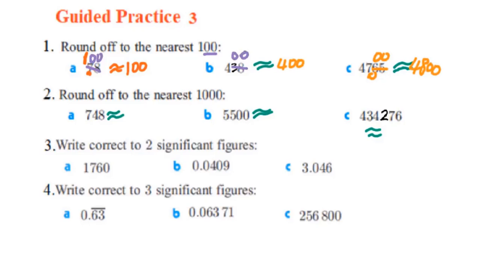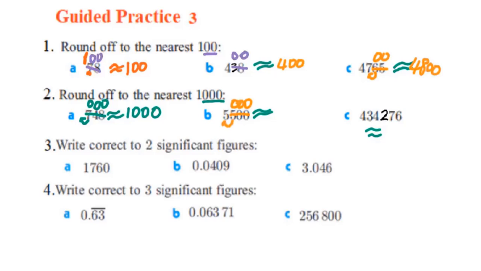For number 2, round off to the nearest 1000. So we change the last 3 digits into 3 zeros. We do 1, 2, 3, cross out. This is 7. You need to round up. So we have 1000. For B, cross out the last 3 digits, change into 333.